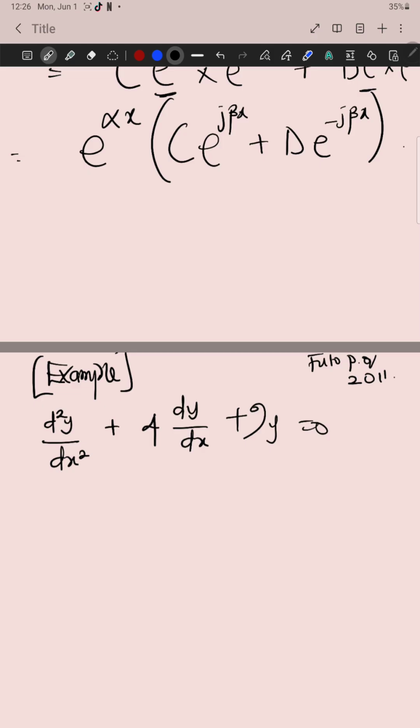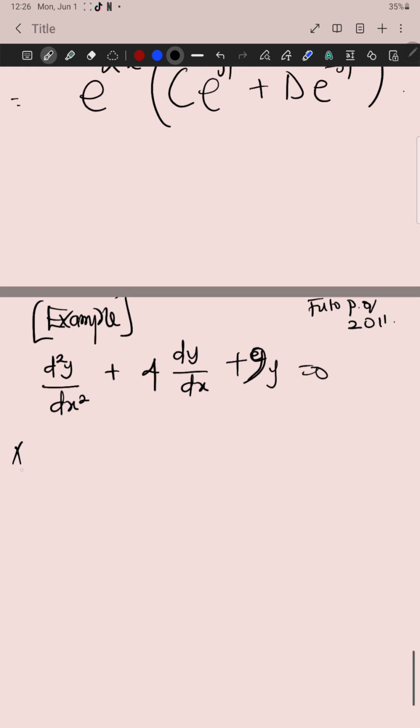What would our auxiliary equation be? It is m squared plus 4m plus 9 is equal to 0.